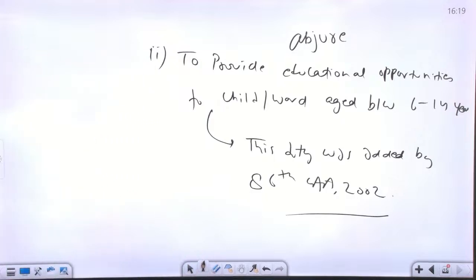This duty was added by the 86th Constitutional Amendment Act, 2002. All right, guys.